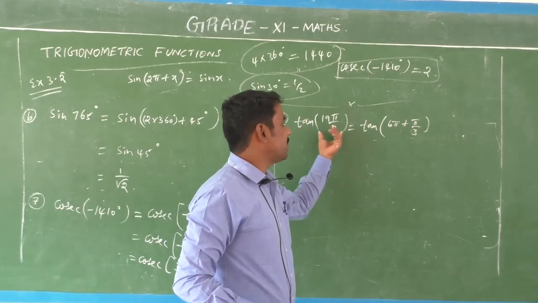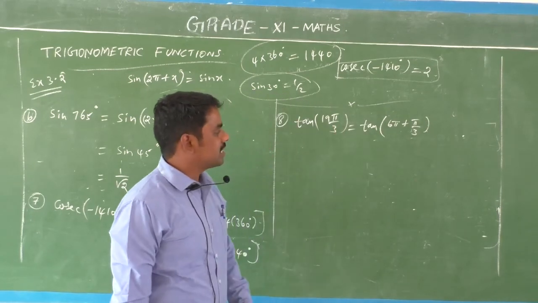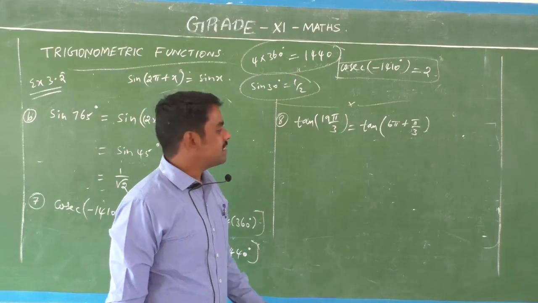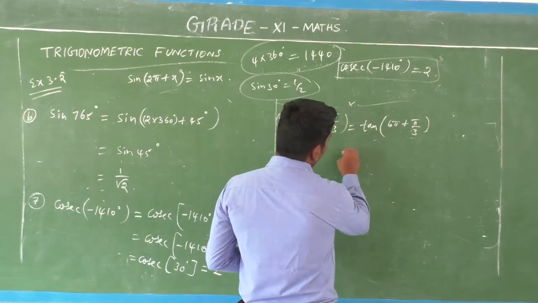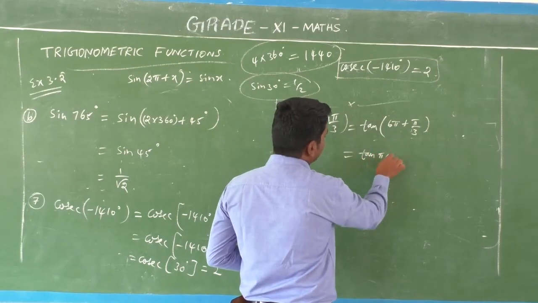So this 19 pi by 3 is written as 6 pi plus pi by 3. Tan 6 pi plus pi by 3 is equal to tan pi by 3.